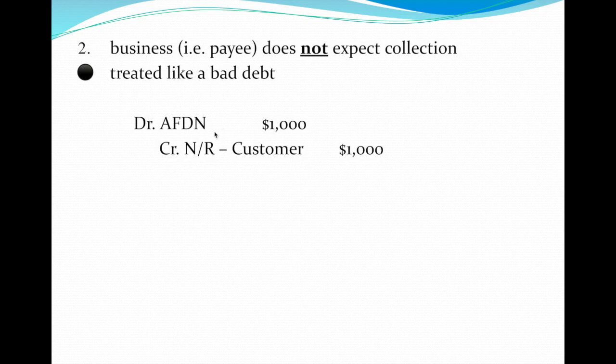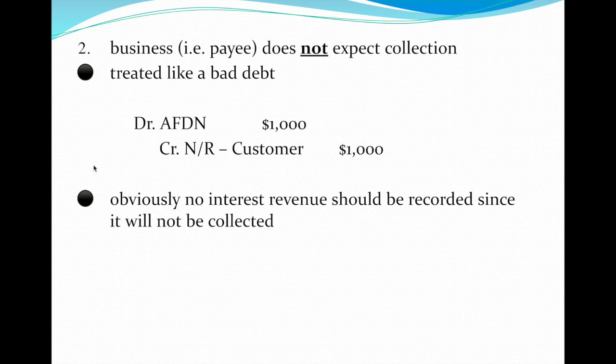Since it's a contra account, we have to debit it to diminish the quantity that's in there. So we diminish our allowance by whatever the amount is, because that amount of allowance has been used up. And we credit notes receivable with the customer's name, because notes receivable is an asset and we are diminishing it because we don't expect to get that note back.